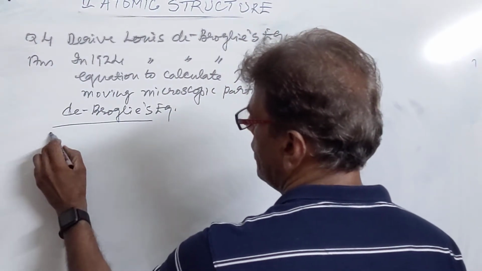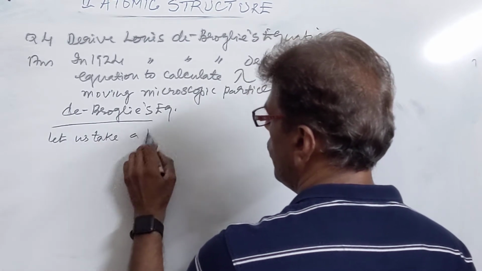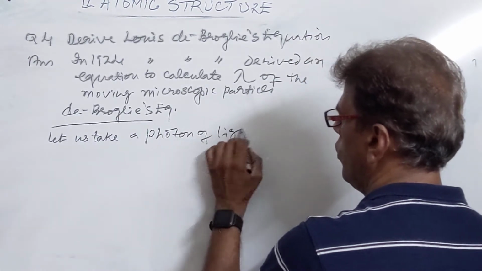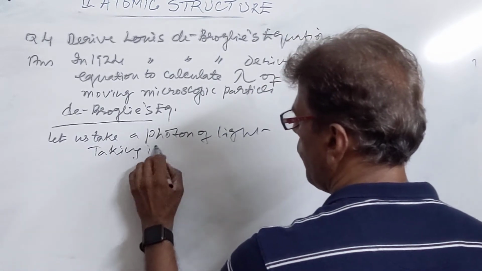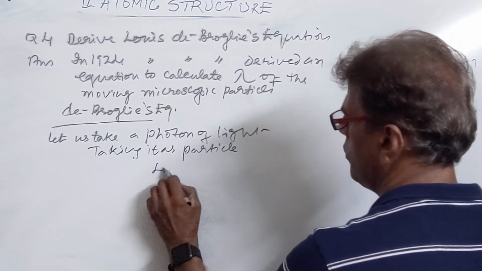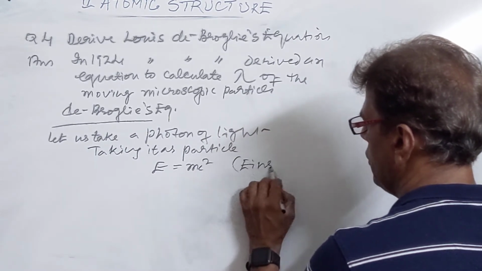So for the derivation, let us take a photon of light. Taking it as a particle, its energy is given by E = mc². This is called the Einstein equation.